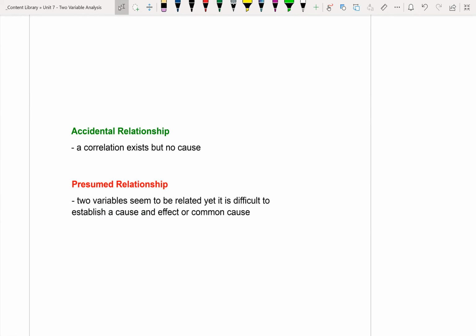An accidental relationship, correlation exists, but there is no cause. So there is a correlation between the two, but there is no cause or effect between them. So say, for example, car sales go down, video game sales go up.